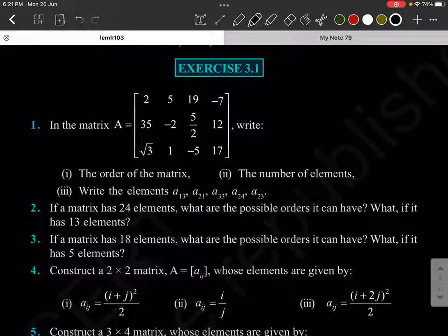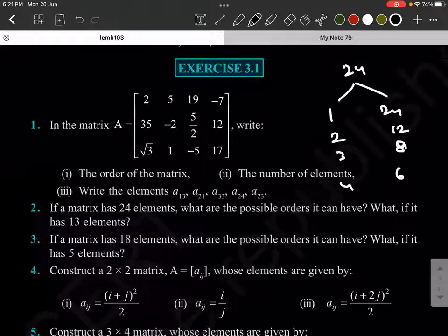The matrix has 24 elements. What are the possible orders it can have? All the factors. So for 24, what are the factors? 1 and 24, 2 and 12, 3 and 8, and 4 and 6, and the reverse of them: 6, 4, 8, 3, 12, 2, 24, 1.